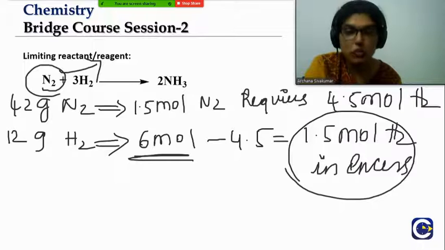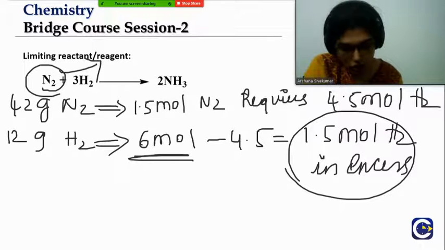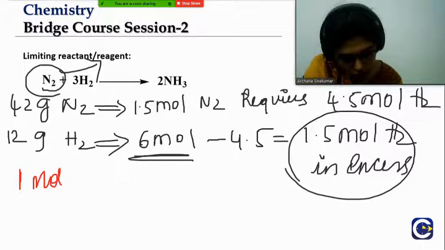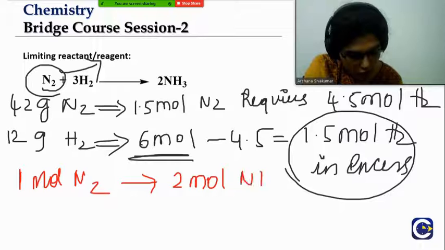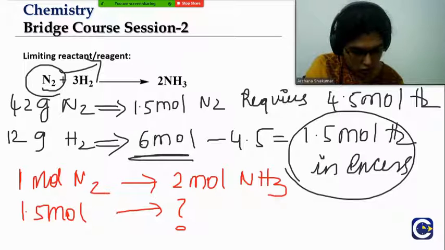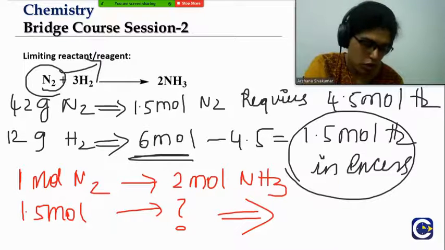The next question was how much ammonia will form. Using the limiting reagent as our standard, we will find the ammonia. 1 mole of nitrogen gives 2 moles of ammonia. So 1.5 moles will give how much? 1.5 times 2, so I get 3 moles of ammonia.